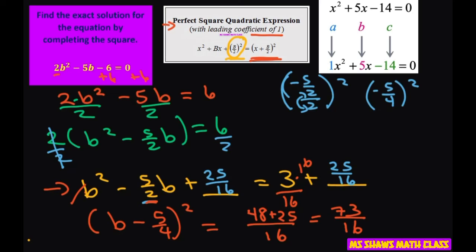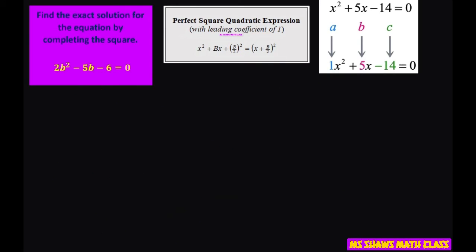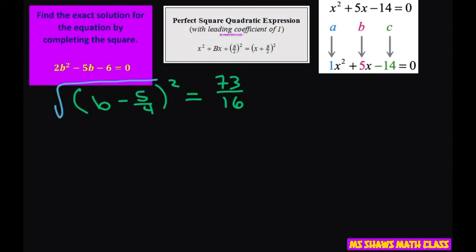Now we can solve. So we have b minus 5/4 squared equals 73 divided by 16. Now let's square root both sides to solve for b. Don't forget to put your plus or minus sign there.